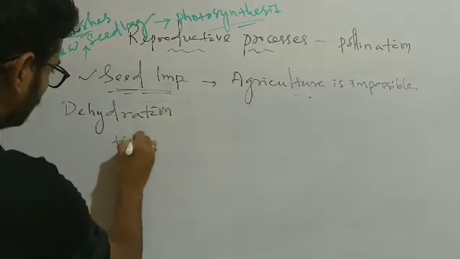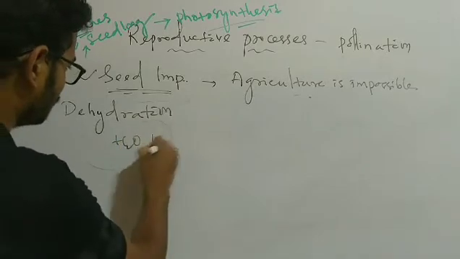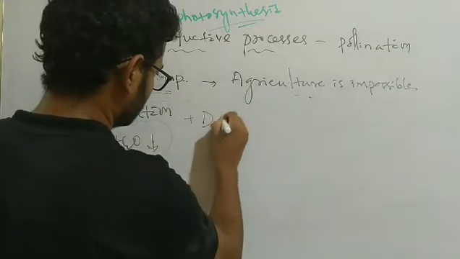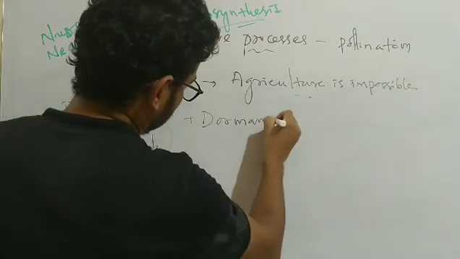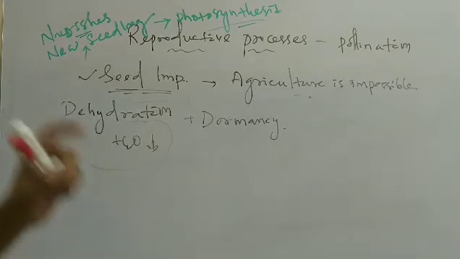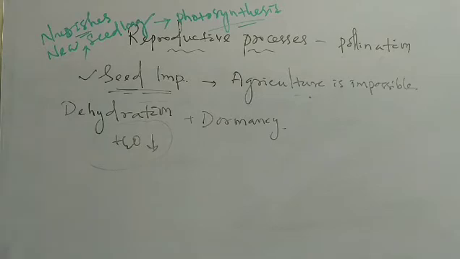Dehydration means loss of water, and another is dormancy. These two are important for the storage of the seed.